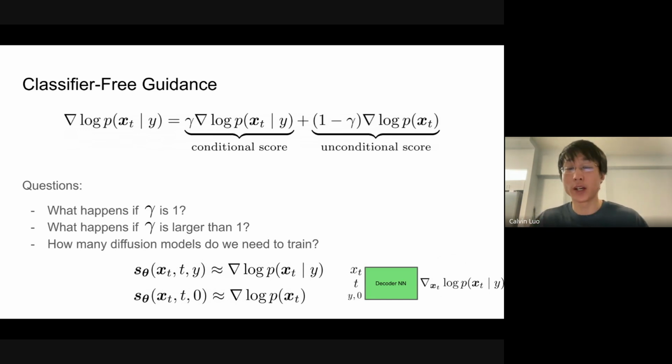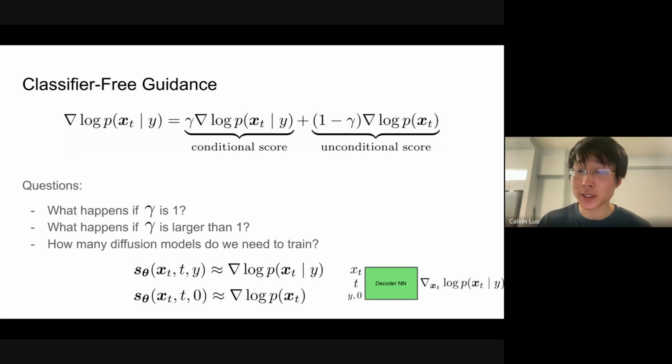So we can combine it into one consistent diffusion model where if we pass in y as it is, then we treat the output score as the conditional score prediction, gradient of log p of xt given y. And if we zero it out, maybe with some masking, then we can treat the output as the unconditional score prediction, gradient of log p of xt.